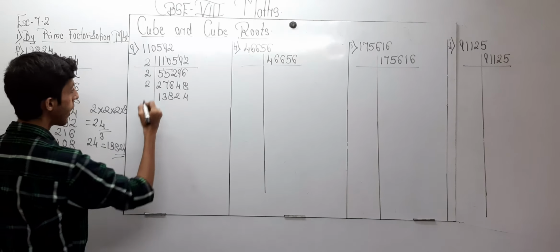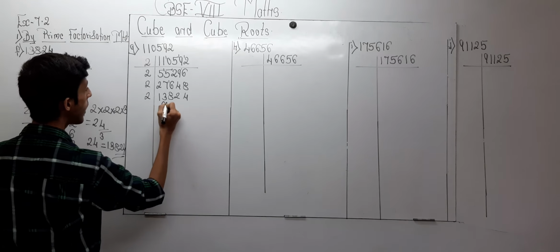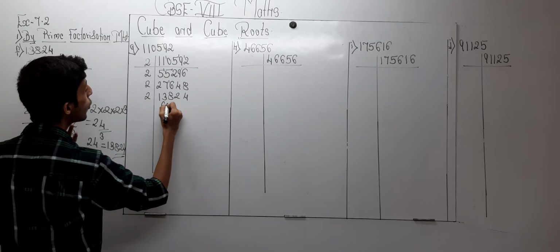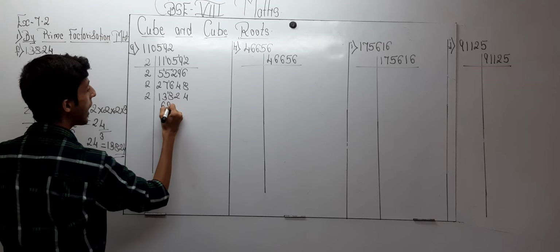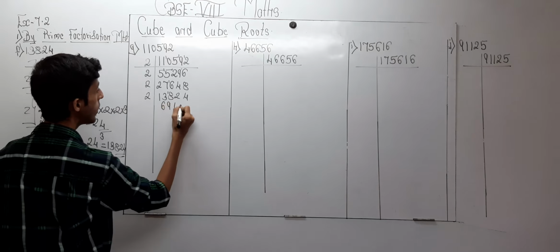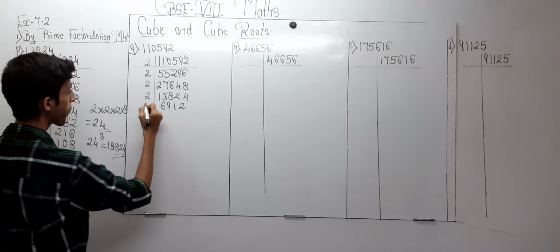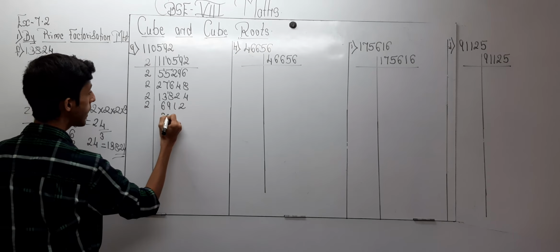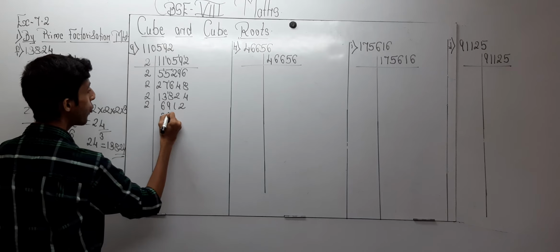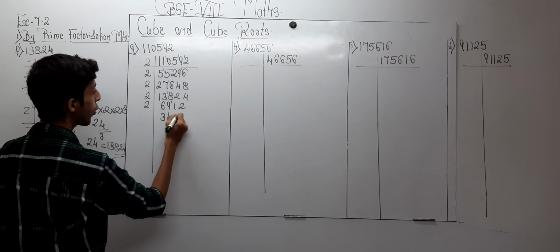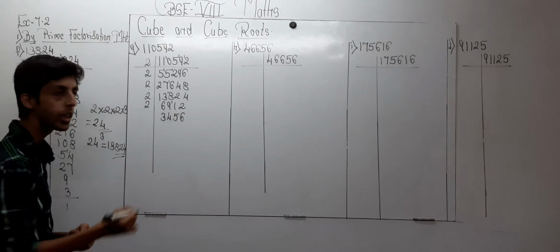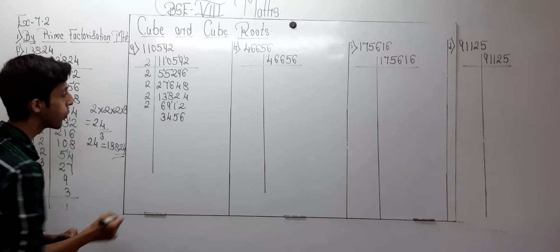Now 4 again in the table of 2. 2 9s are 18, 2 1s are 2, 2 3s are 6, 2 4s are 8, 2 5s are 10, 2 6s are 12 because 1 is remaining over here.